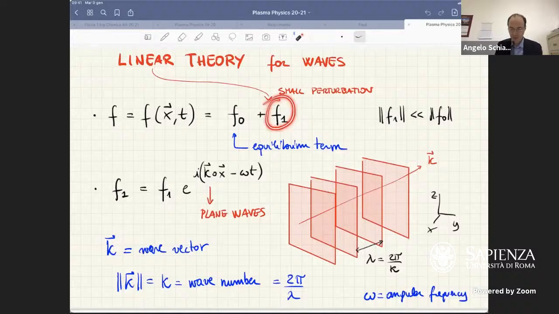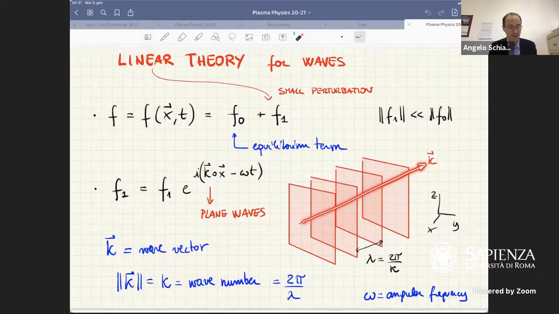In this framework, we then linearized and switched to complex notation by expanding any possible waveform, in this case a wave in 3D space and time, as the superposition of many plane waves, which are planes of equal phase, orthogonal to the direction of the given wave solution, which is represented by the wave vector.